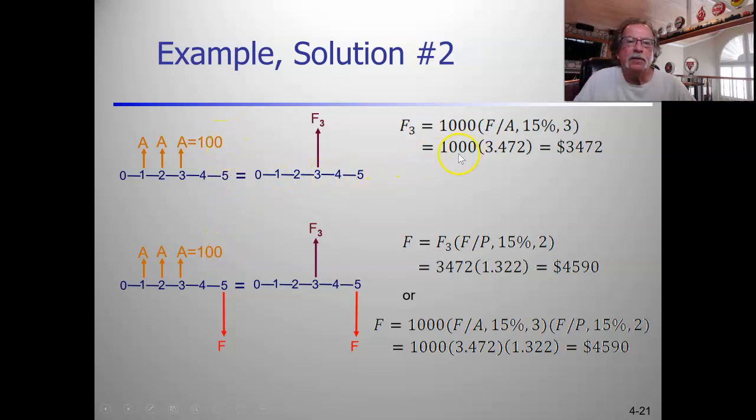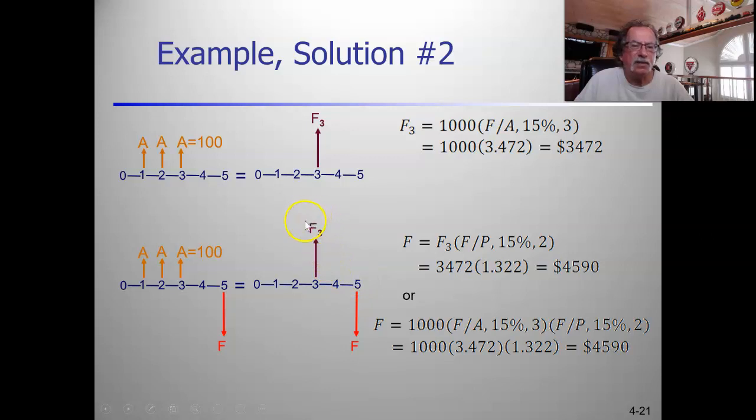So we're going to compute F3, and so the value of these $1,000 payments at the end of period 3 is $3,472. Then we take it forward 2 periods. So we're going to take $3,472 forward 2 periods.